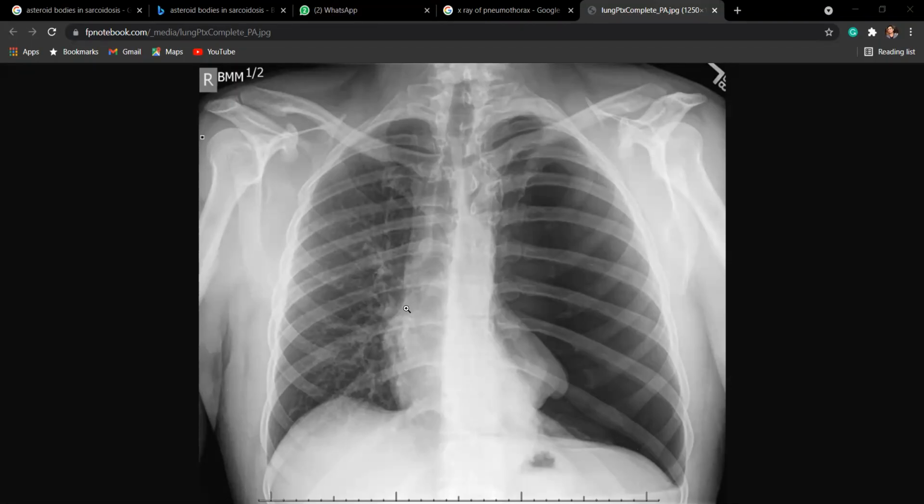What other structure do you have besides lung? In a normal X-ray, what other structure do you have besides lung? Lymph nodes.